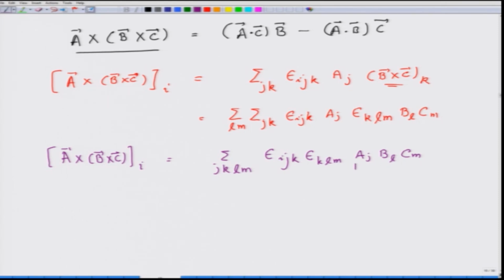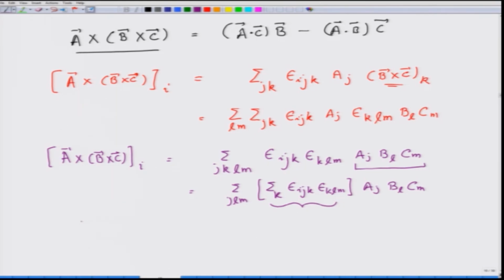Notice that A_j B_l C_m has no k in it. So, I can write this as the summation over j, l, m, and then the summation over k, which sums only over epsilon_ijk epsilon_klm, times A_j B_l C_m. The k sum is only here.